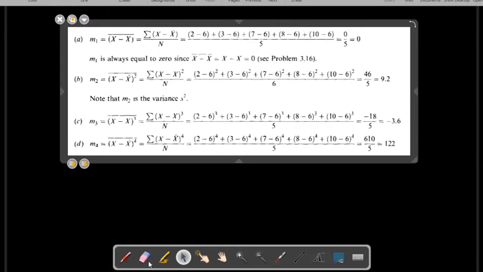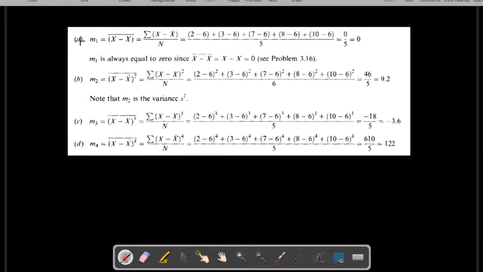Here you just see first m1. They have calculated it here in this text, but we already got it as 0. Whatever be the data, that will be 0. Then m2, that is the mean of x minus x bar whole square, or you can write sigma of x minus x bar whole square.